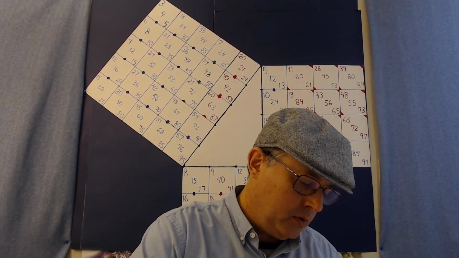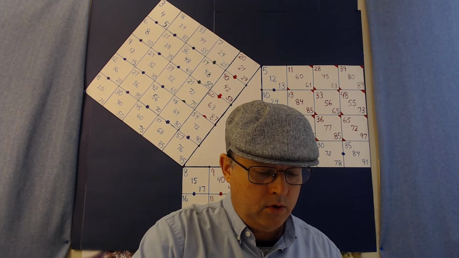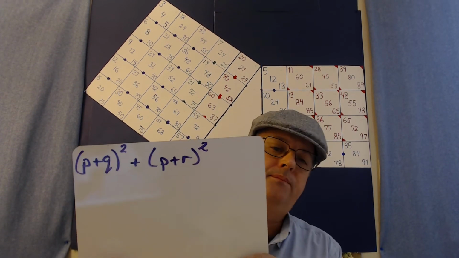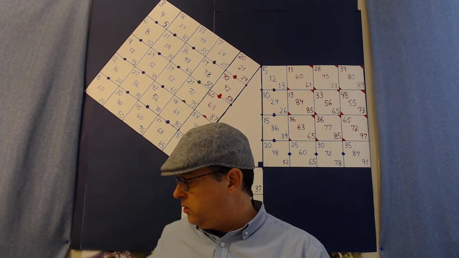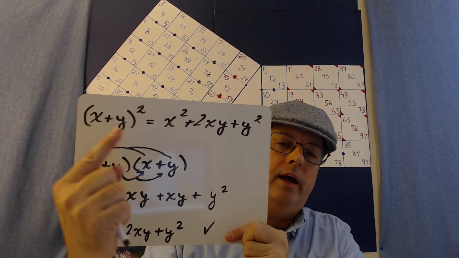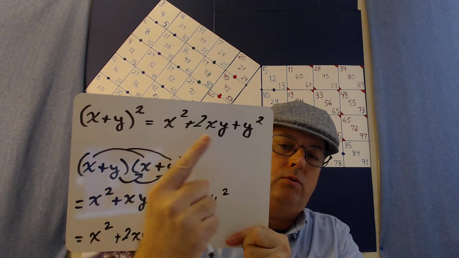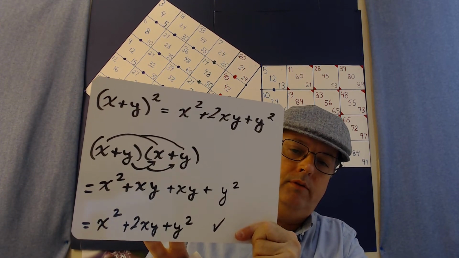Okay, so let's do the first part here. P plus q squared plus p plus r squared. And we're going to do that by remembering this expansion, that whenever we have x plus y squared, that gives us x squared plus 2xy plus y squared, as we have used in previous videos.